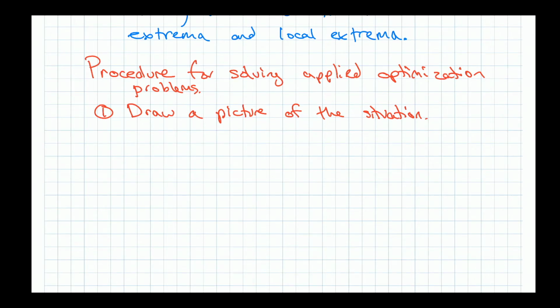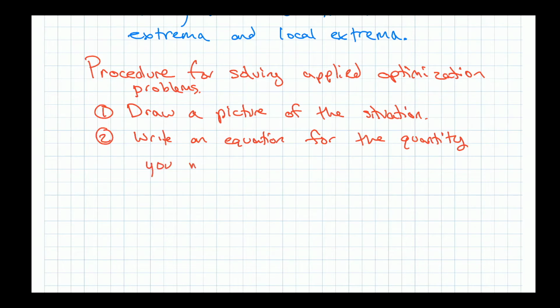All right. Then what you want to do is write an equation for whatever you're trying to minimize or maximize. So write an equation for the quantity you want to optimize, the quantity you want to minimize or maximize. For us, we don't care.